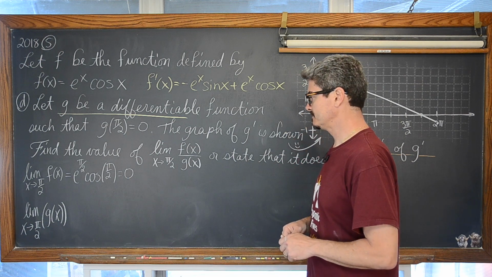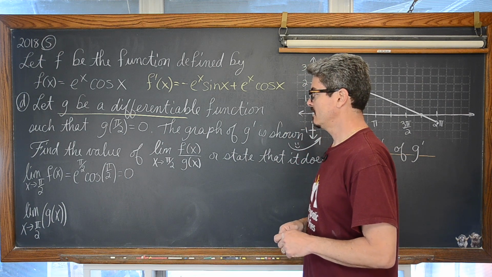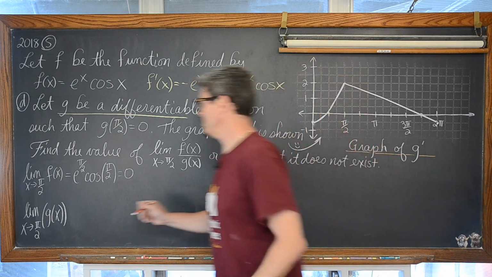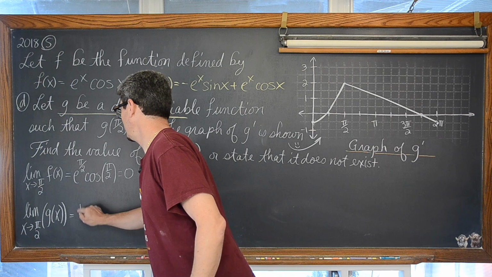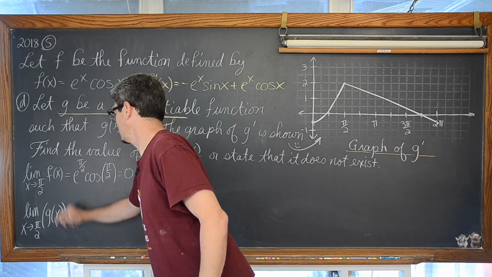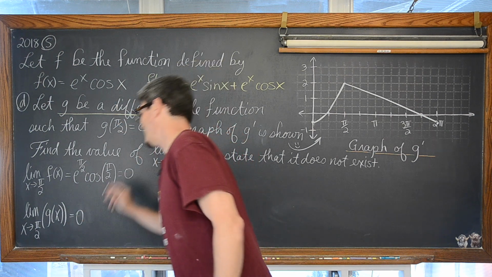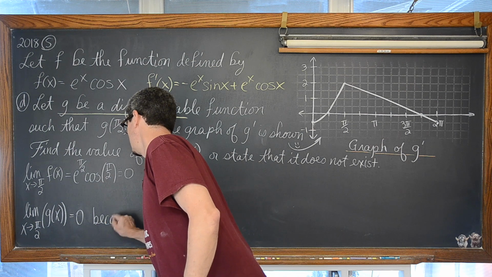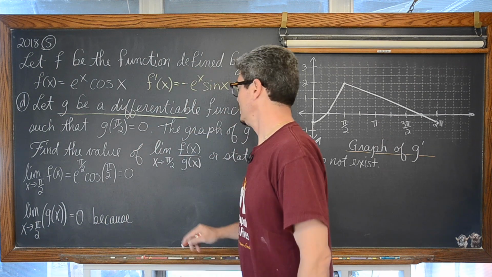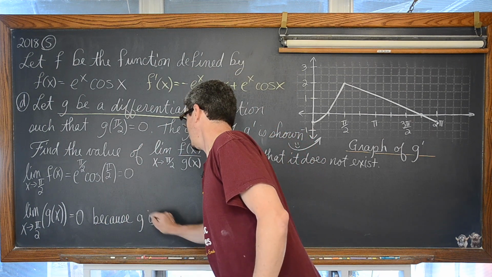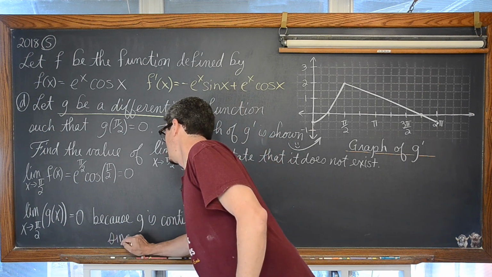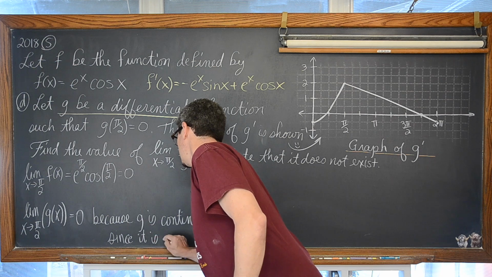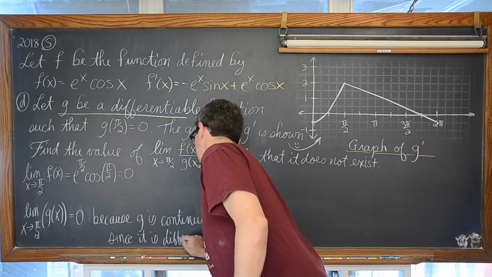But here, we're going to know that the limit as x approaches pi over 2 of g of x is 0, because g is continuous since it is differentiable.